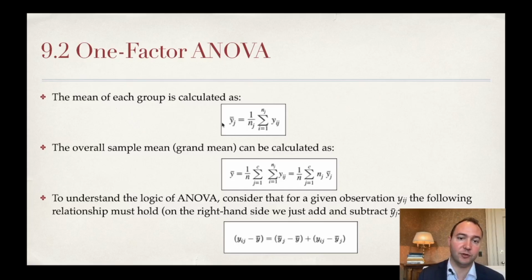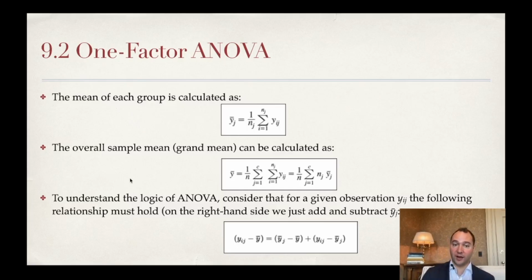It tells us the average of group J, that's Y bar J, the average of each group is equal to 1 over the sample size of that group, basically how many individual observations are in your group J. And then for each individual observation in group J, for all those observations in group J, add together every single value in group J. In other words, we're just taking an average of individuals in that group. That would give us y bar j.